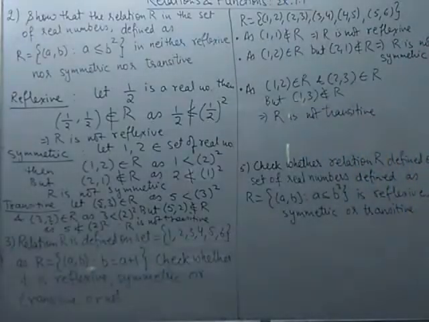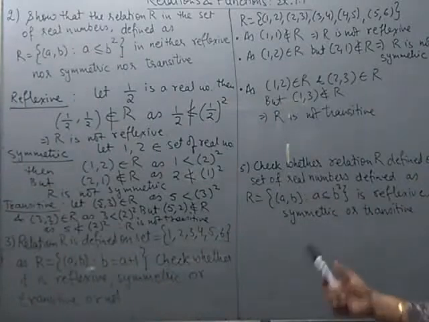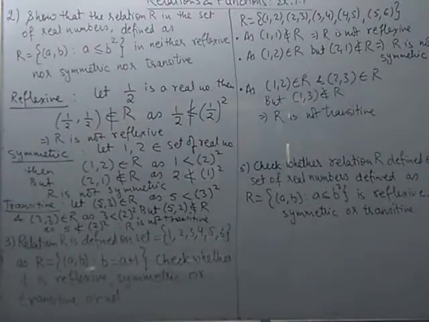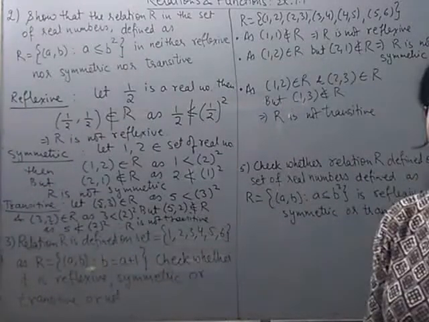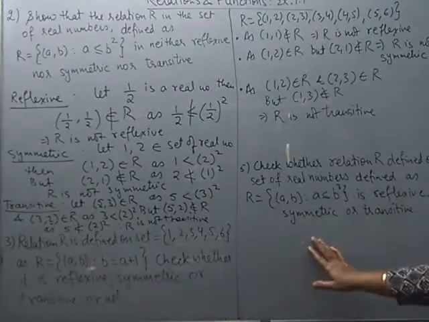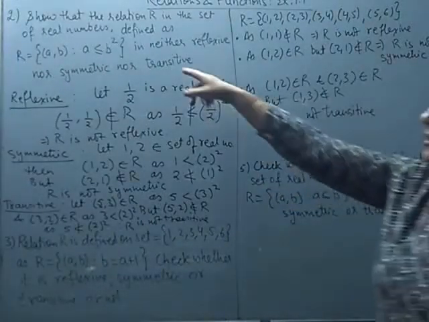So another example where it is neither reflexive nor symmetric, not even transitive. Okay, moving on to the fifth one. It is also of the same type where we will check whether it is satisfying any one of the given conditions. You can see it is very much like the second one.